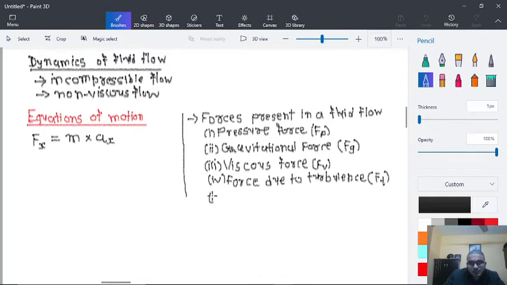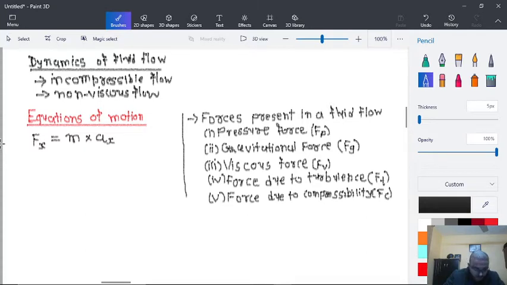And last one is force due to compressibility, Fc.